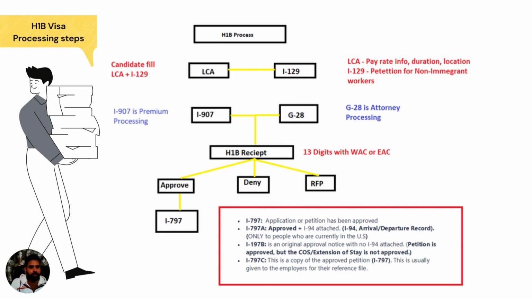If everything is fine and the documents are correct, USCIS will approve the visa and provide I-797, which is known as the approval. If the form is denied, nothing more is possible. Now RFE, request for evidence, means you can submit your documents again. Now there are three different types of I-797. Before this, I will explain what LCA, I-129, I-907 and G28 are in the next slide.